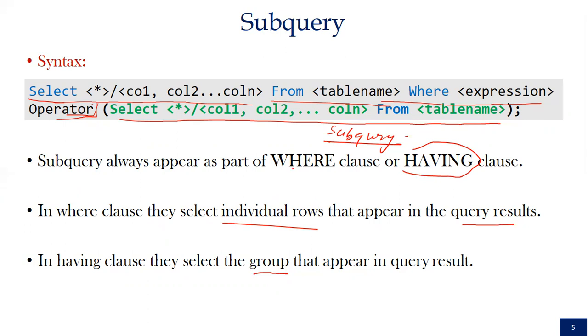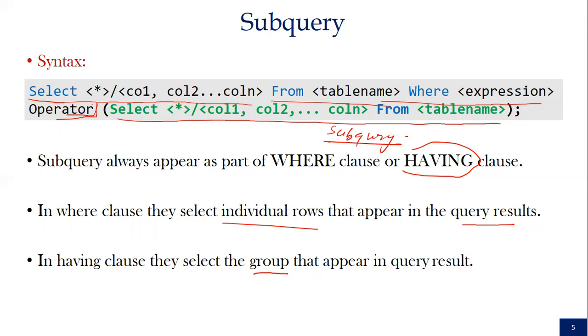The where clause is basically used to eliminate rows, or fetch the selected rows based on some condition, whereas the having clause eliminates groups, or selects the groups that satisfy the conditions. So that's why a subquery in the where clause is for row selection, and here it is for groups. Is it okay?